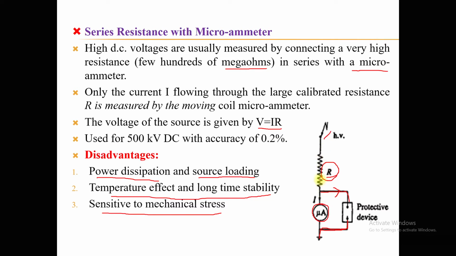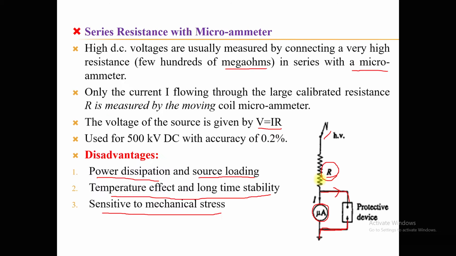These stresses are responsible for changing its resistance value, and as the resistance value changes, it introduces error. So these are the three basic disadvantages always associated with the pure resistance kind of measurement technique.